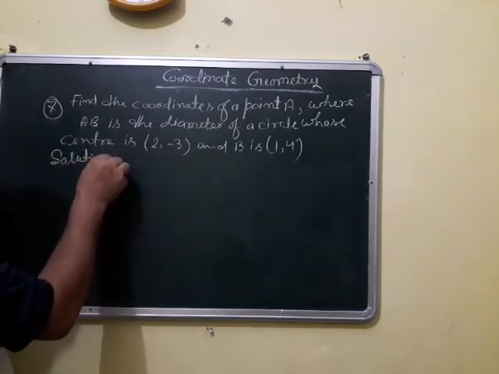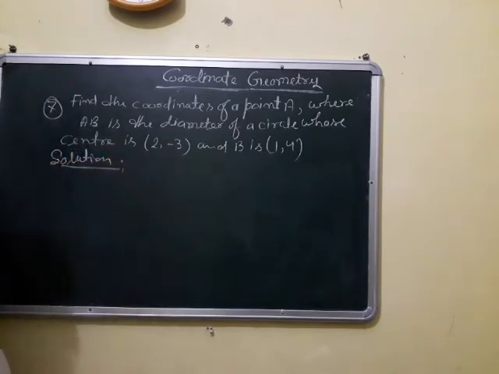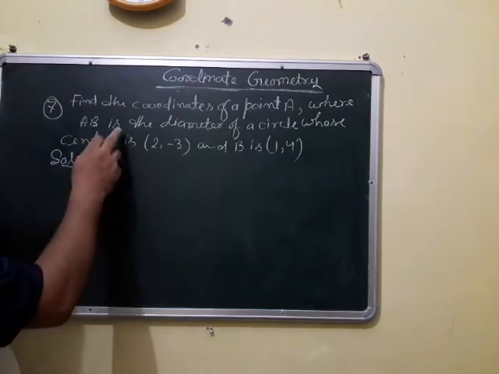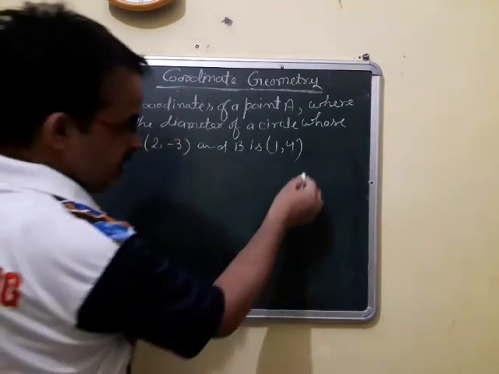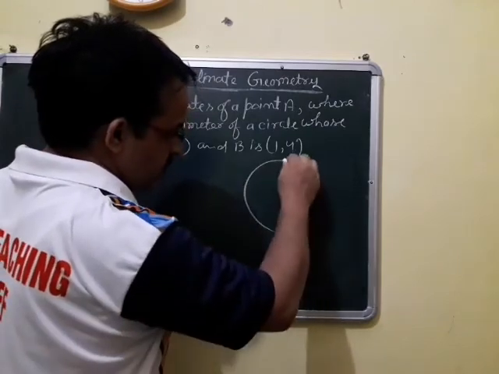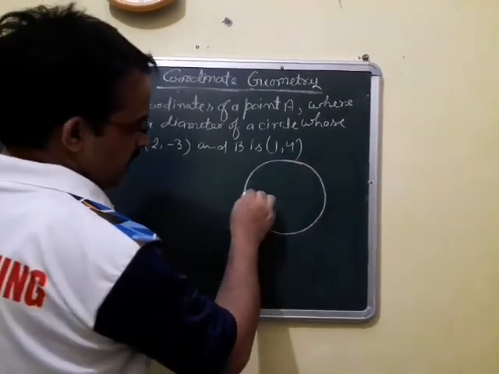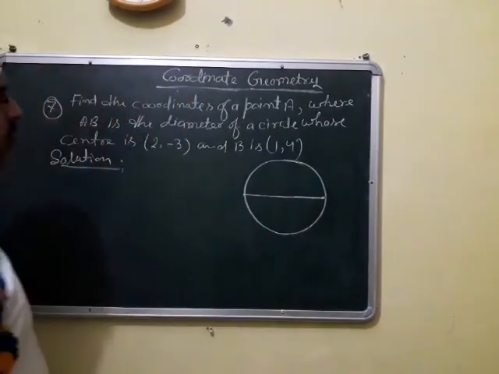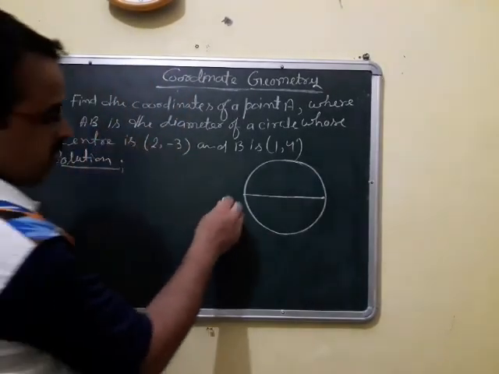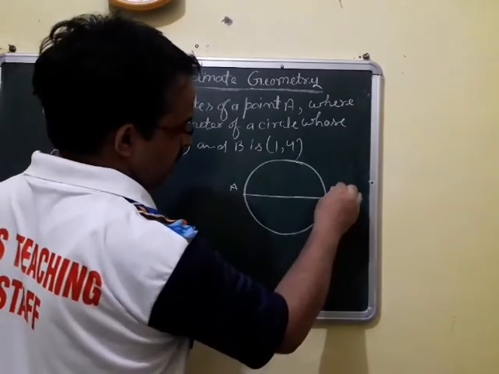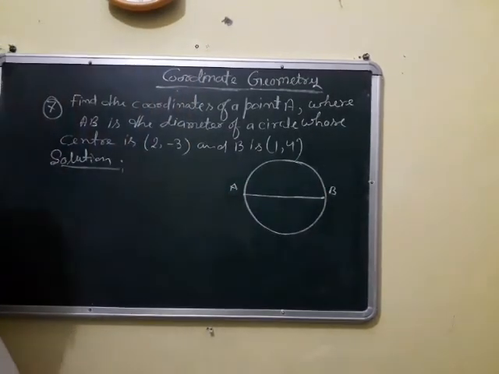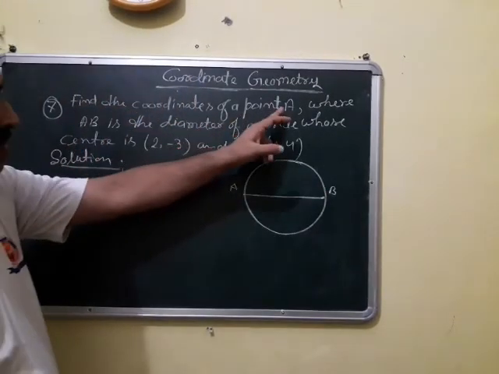First we draw a circle. AB is the diameter, with A and B at its ends. Find the coordinates of point A.